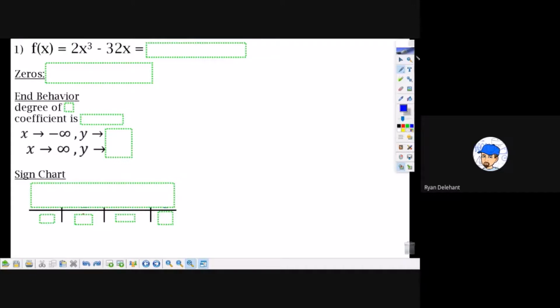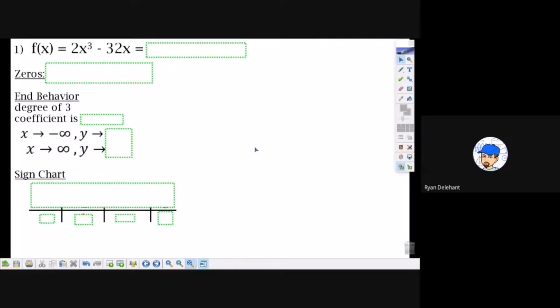So let's talk about this one and talk about its lead coefficient first. What's the degree of this polynomial? Well, the lead term is 2x to the third. Its degree is 3. If it's an odd number, you know that the ends are going to point opposite directions.